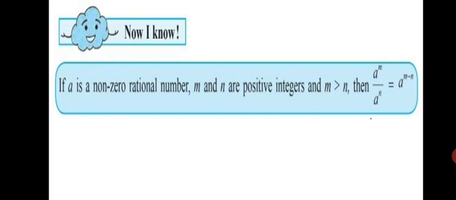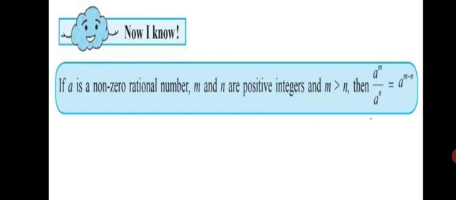For this, the base should be a non-zero rational number. m and n should be positive integers. And m should be greater than n. That means the first index should be greater than the second index. So if these rules are there, then we can solve the division of index with the same base.